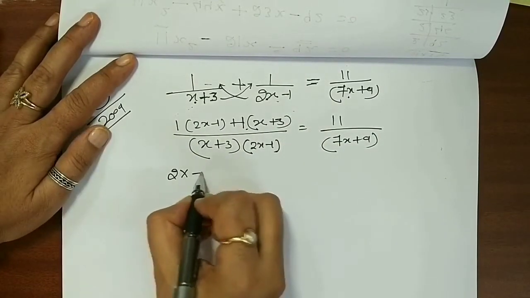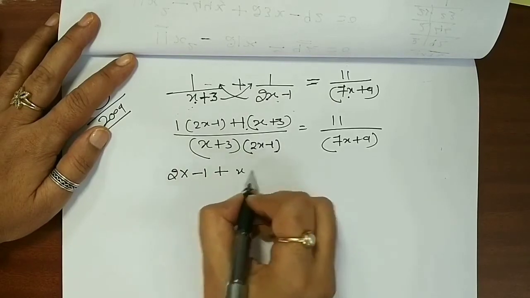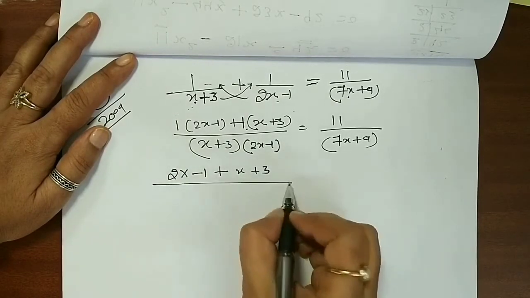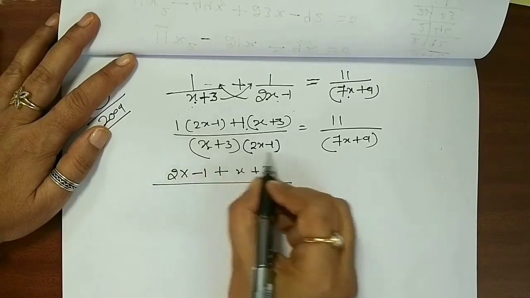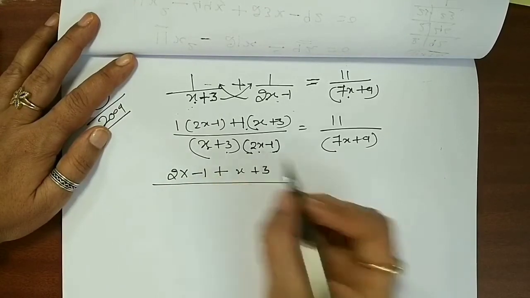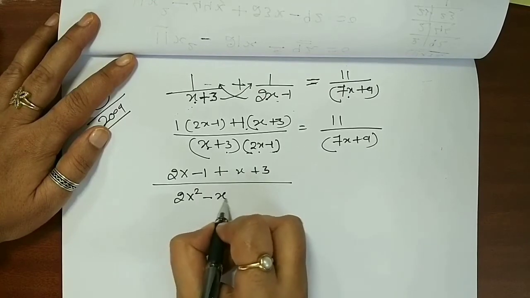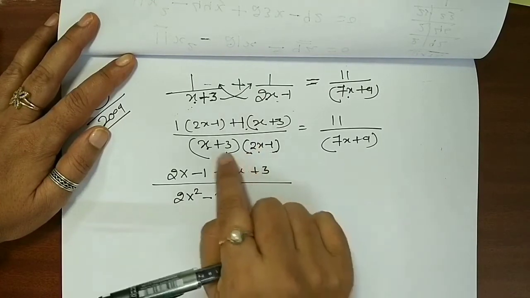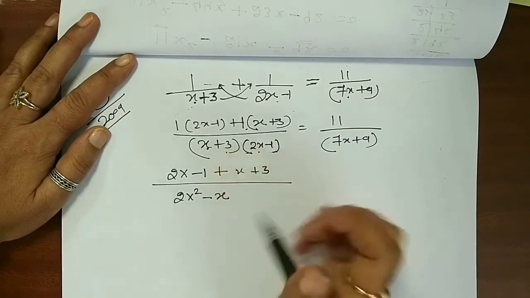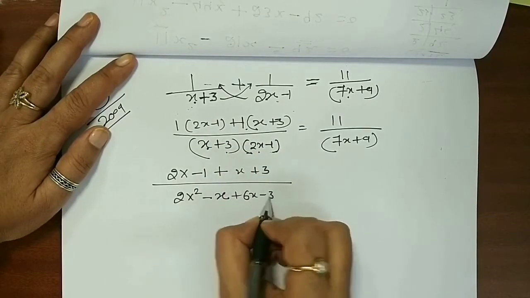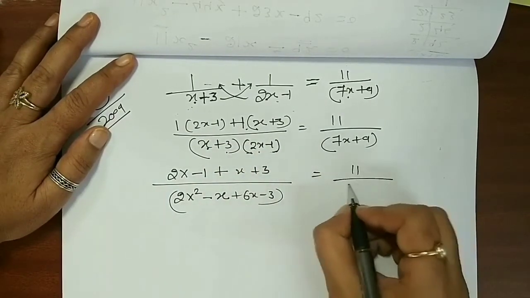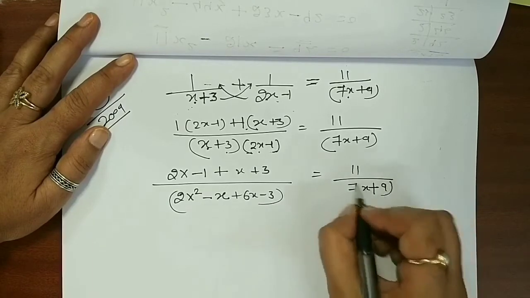So I am opening the brackets, these, plus x plus 3 by, now multiply x with both and 3 with both. So it is 2x square minus x, correct, 2x square minus x, with the 3 it will be 6x minus 3 is 11 by 7x plus 9.